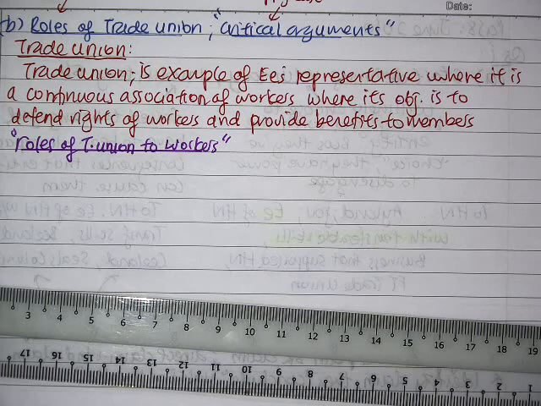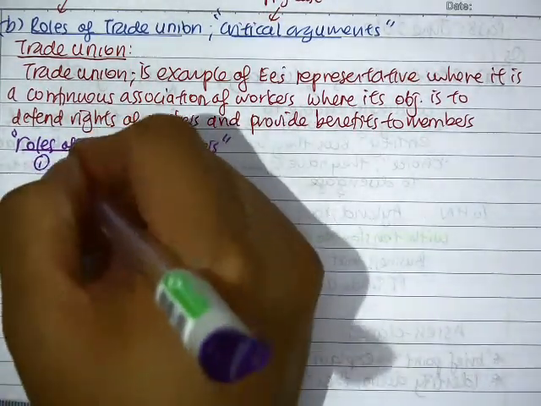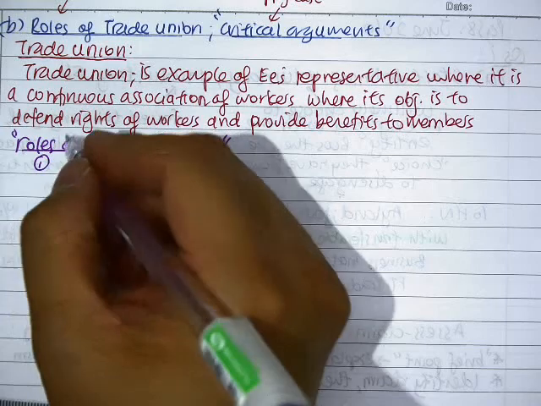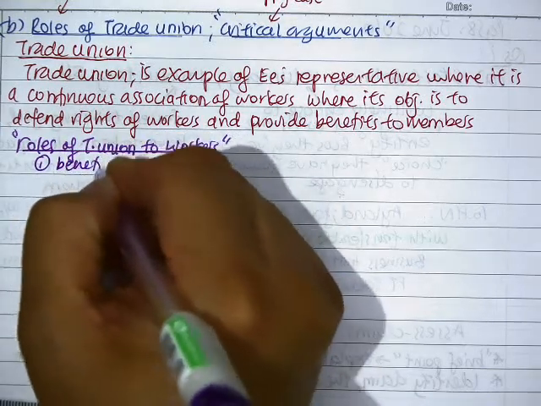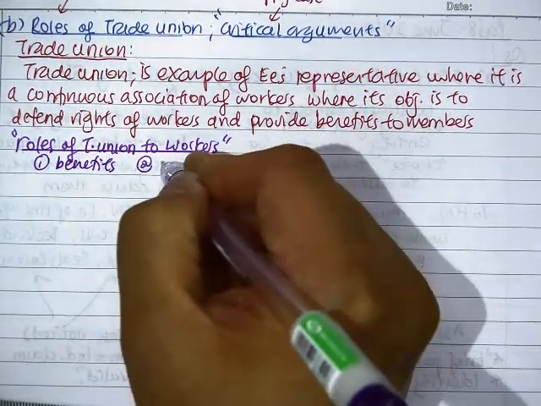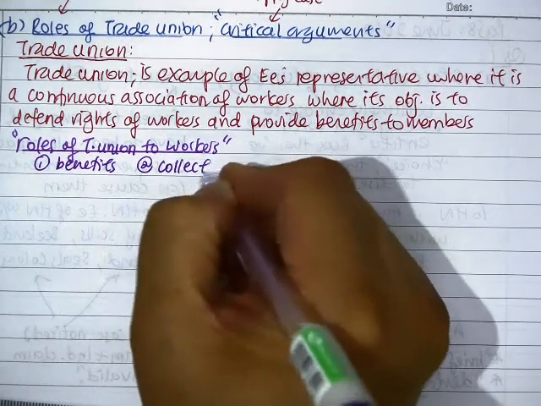If the role of trade union is good to worker, does it mean good to company? No. Like if union asks for higher pay, then the company will pay more, so it's not good. So if you look at the role to the worker, normally the union's role to the worker is what?